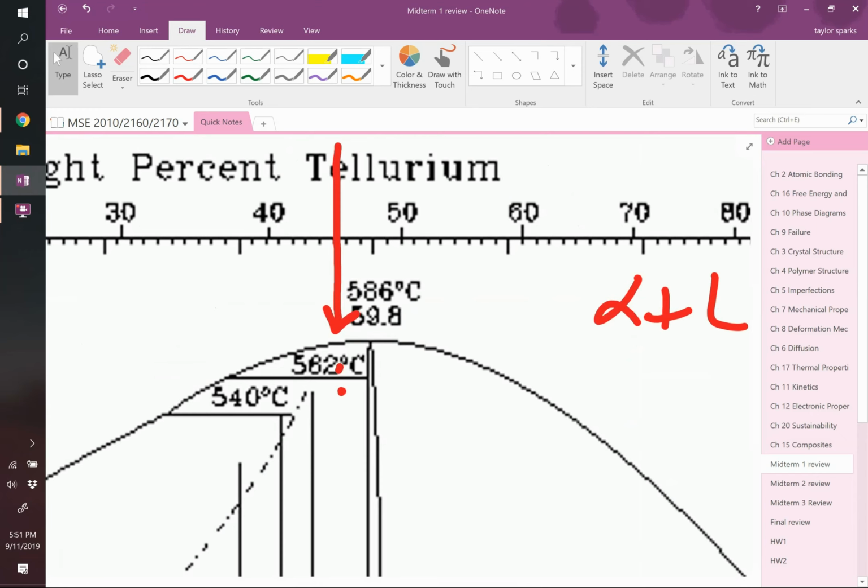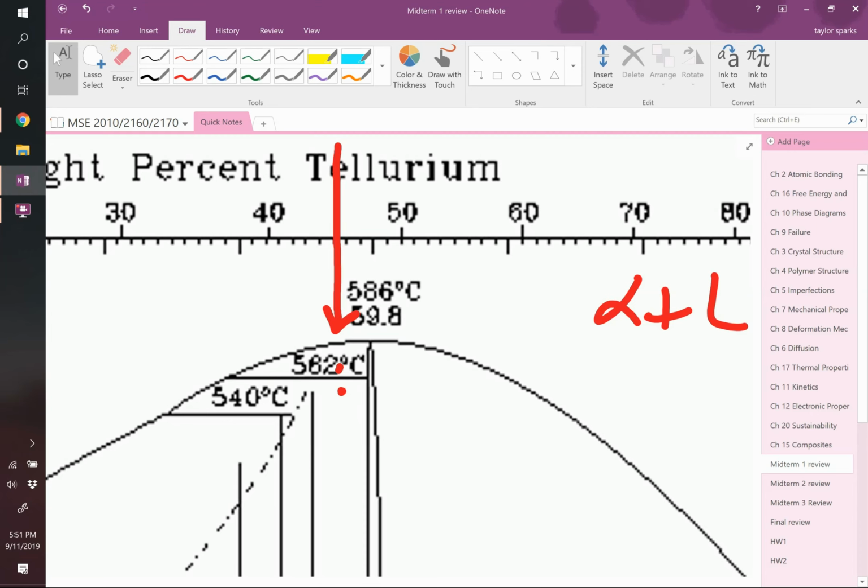But this reaction, even over here, will happen. If we call this phase alpha right here, and this is liquid, at this point we will have some alpha and liquid. And all of the alpha and liquid will turn into beta, according to the peritectic reaction. Sorry, not all the alpha, you're right. Until the liquid is consumed, you will form beta. You will have your proeutectic alpha left over. Good, that's a good catch.